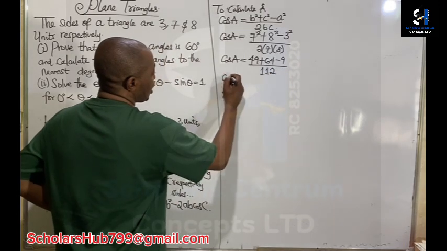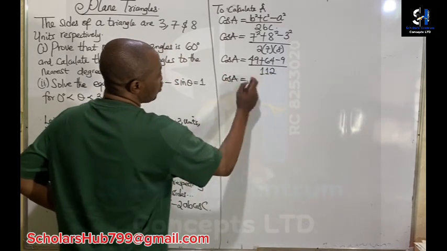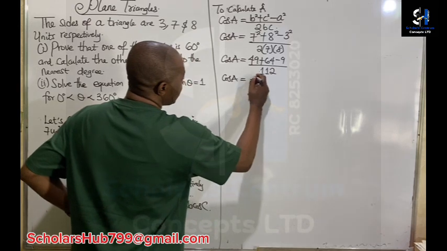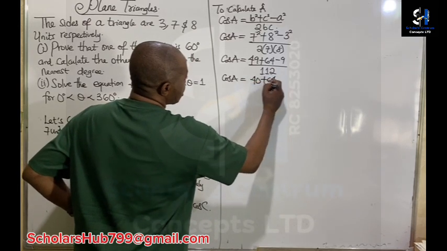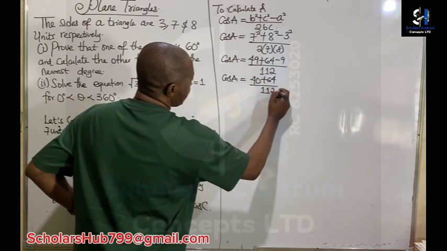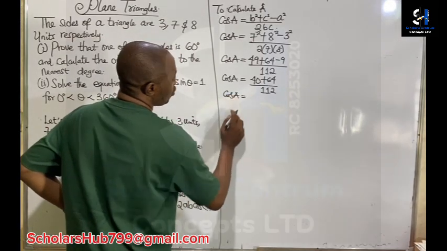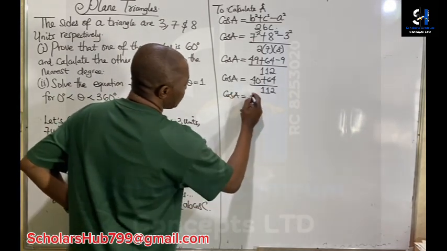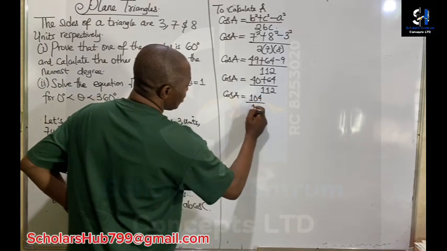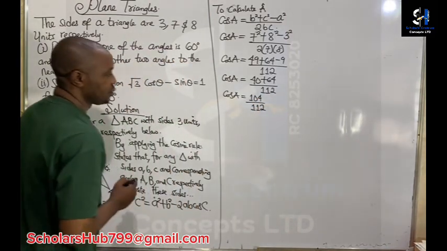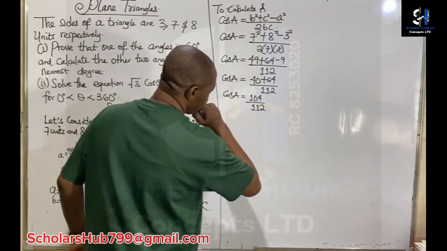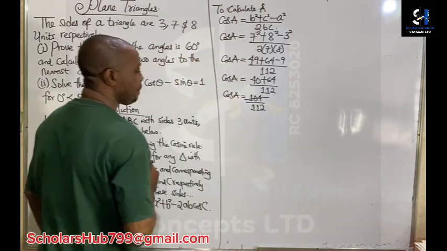So cos A will be 49 minus 9, that will be 40, plus 64 over 112. So cos A equals 40 plus 64, that will be 104 divided by 112. Now let's divide this by 4.